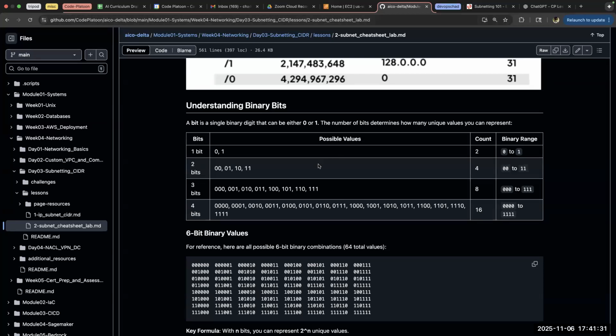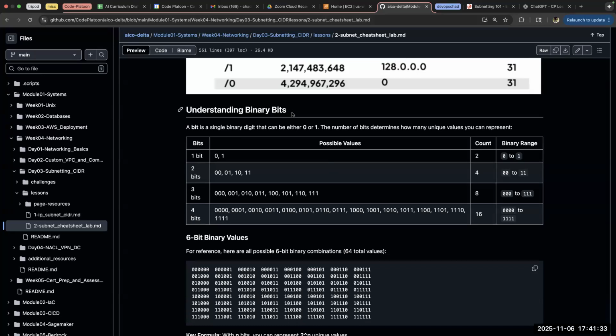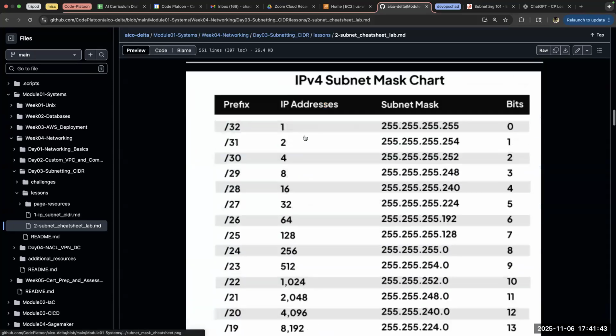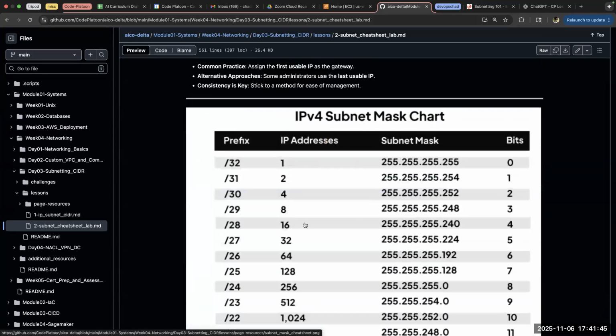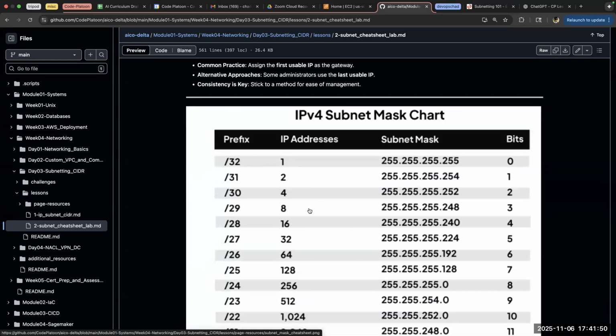But really the only thing we need to know for binary is we're using binary as a way to represent different values. And this will make more sense when we start looking at this guy up here, the subnet mask cheat sheet. This is the big one. This is what you're going to be using if you play those games, our practical application, to go into this subnet mask chart.